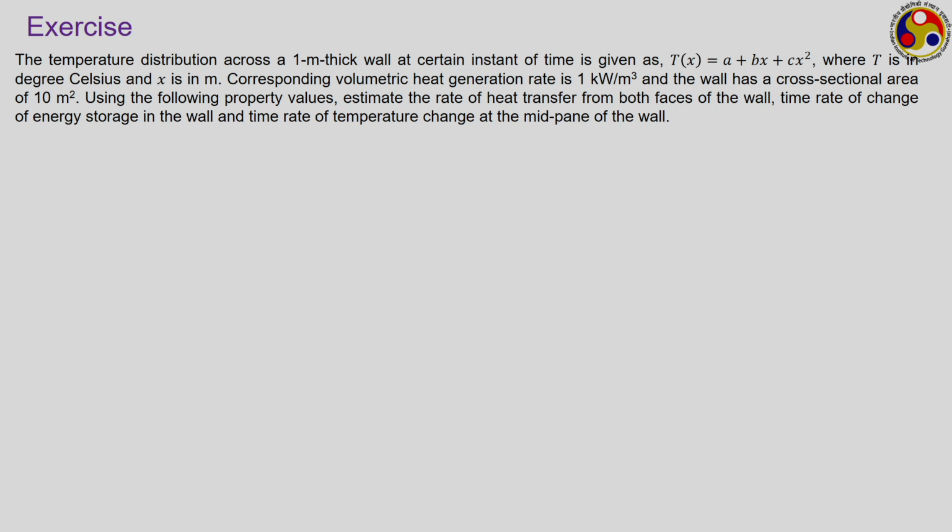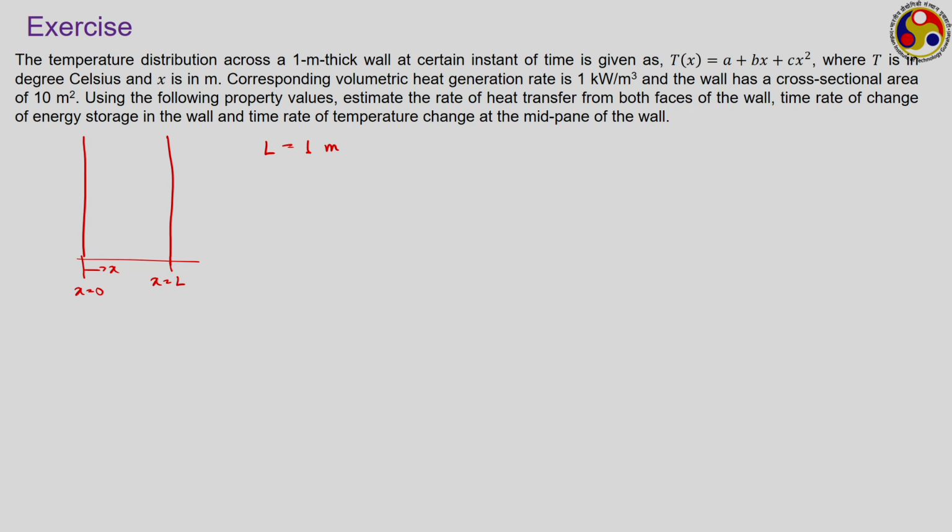Here the problem is that the temperature across a 1 meter thick wall at a certain instant of time is given. Let us say this is our wall, starting at x equal to 0, this is direction x, this is x equal to L, and this thickness is given as 1 meter. So, our L is equal to 1 meter.